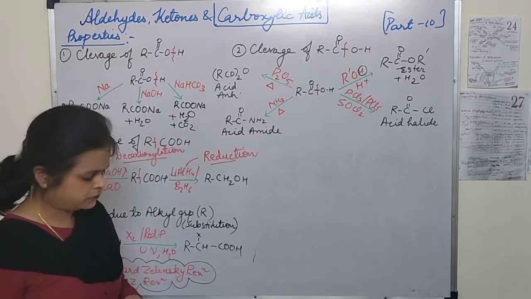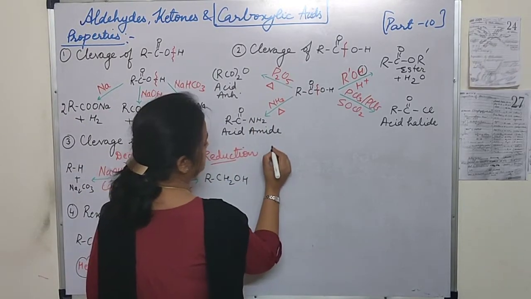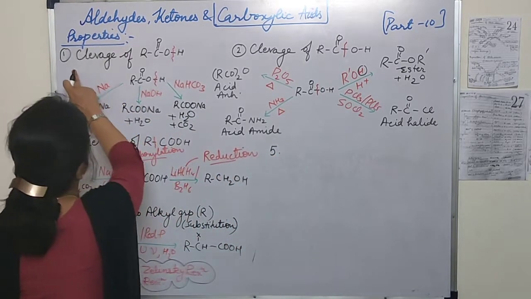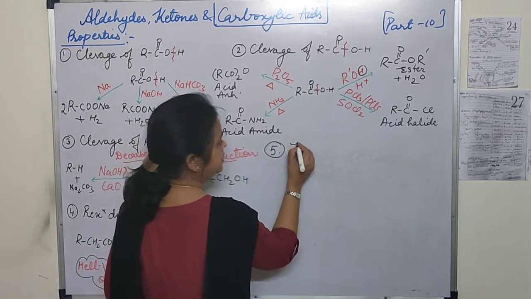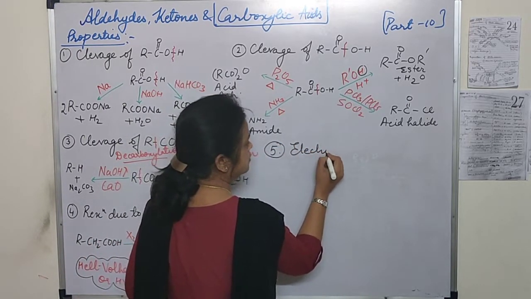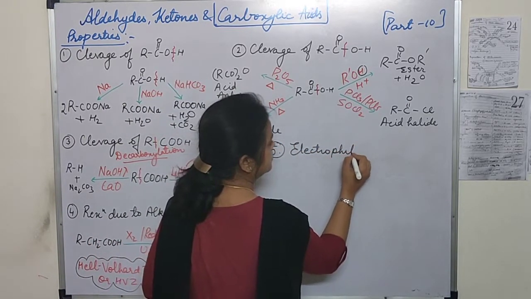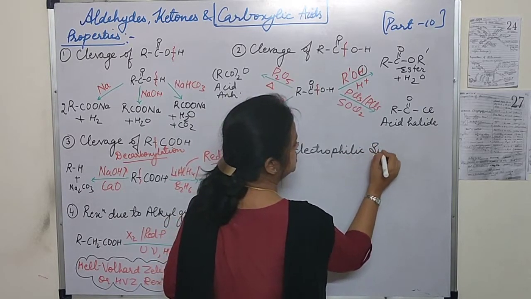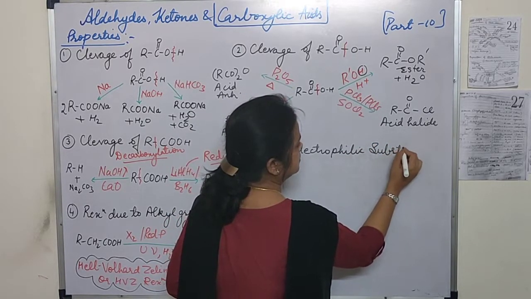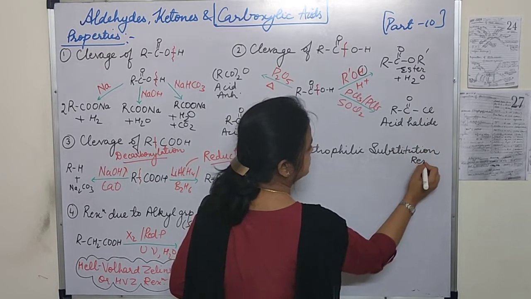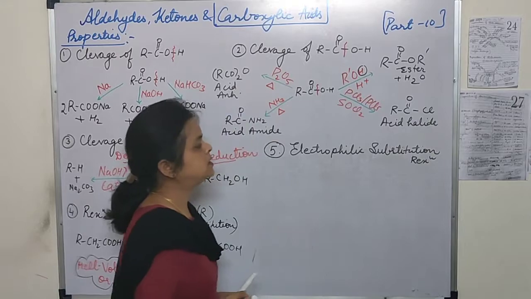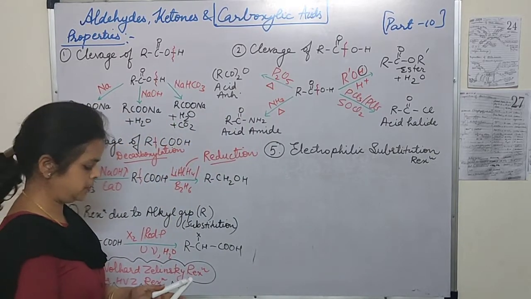Now the last one over here, it is the fifth category I am writing here. First, second, third, fourth and fifth. So just write it down. Electrophilic substitution reaction. Okay, now students, electrophilic substitution reaction.